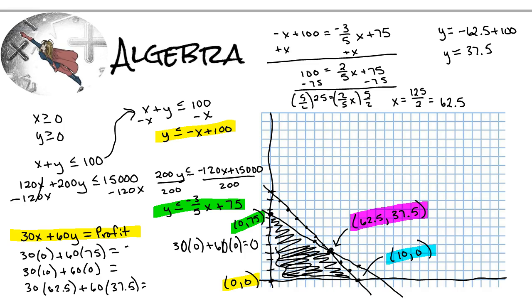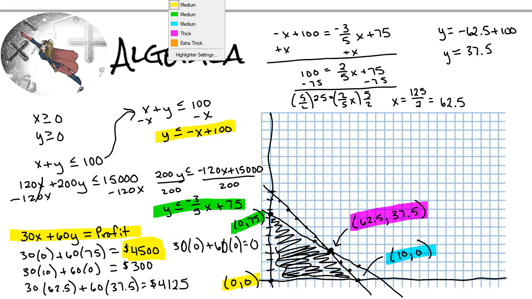I just did that, and I got 4,500 for this first one. And I got 300 for this one. And then for this last one, I got 4,125. The largest answer is right here, 4,500, which means that when I planted 0 crops of lettuce and 75 acres of peas, I got my largest profit.